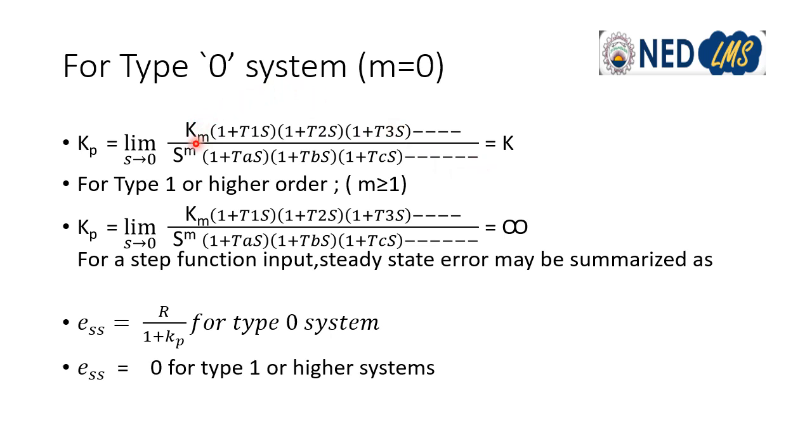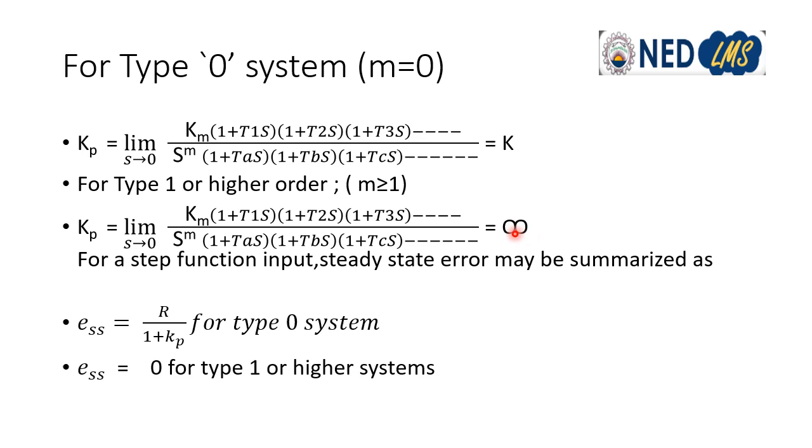So for system type 0, Kp is defined as K. For system type 1, this is s raised to the power 1. If m is 1, this is K upon s raised to the power 1, or K upon s, and when we apply the limit, K upon 0 will become infinity.